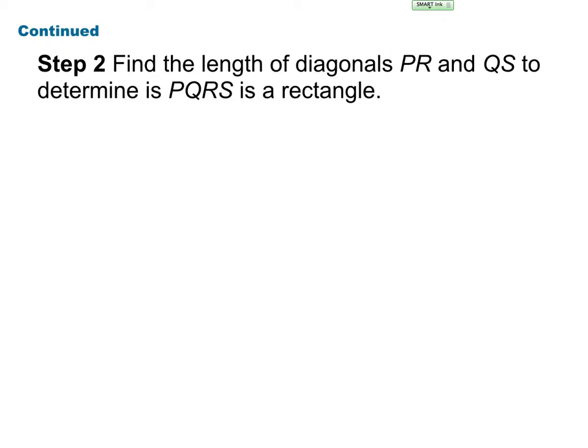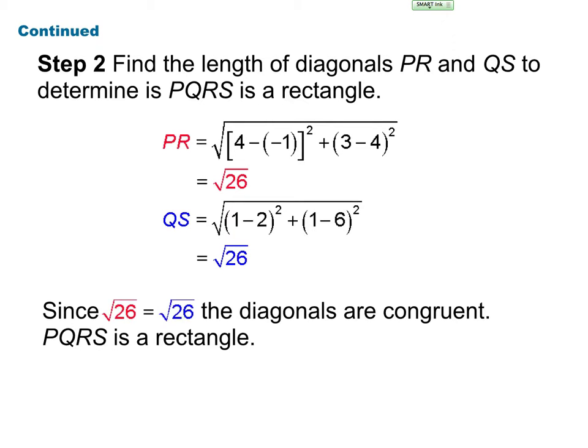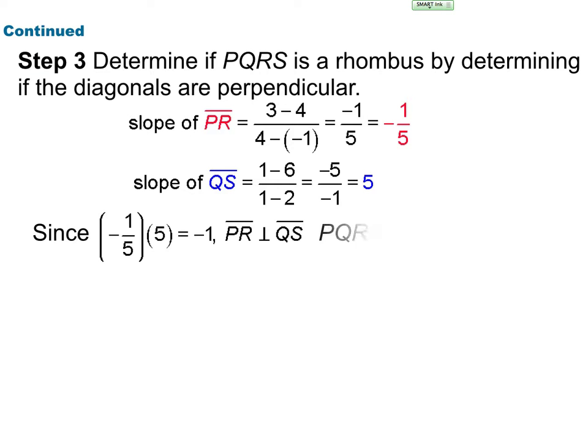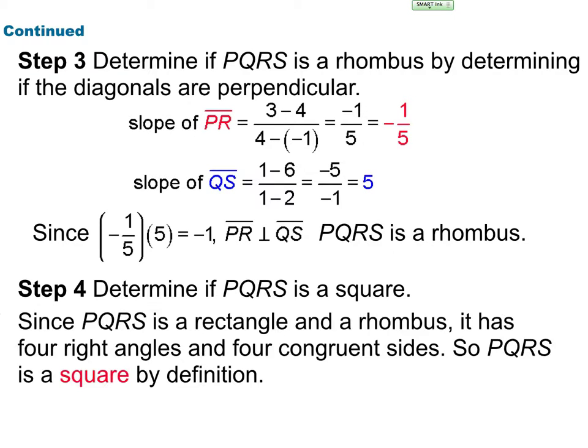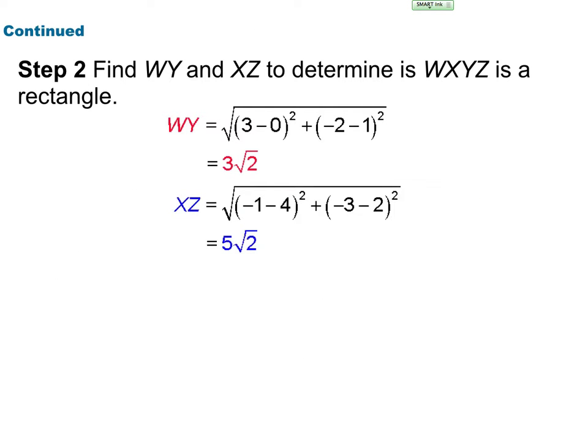And so here were the calculations. The two diagonals were the same length, so it's a rectangle. The slopes are opposite sign and reciprocals, so it's a rhombus, which would mean it's a square. I think I had a second one. Let's look at the calculations. That's how long the diagonals are. Not the same.